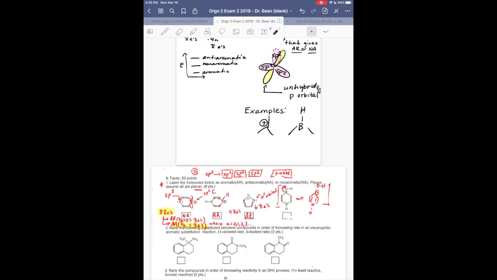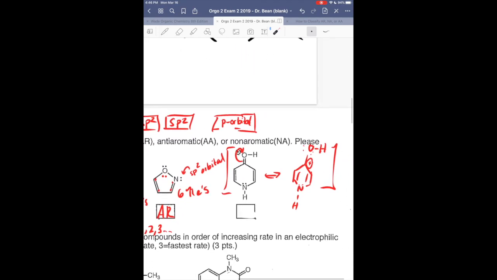So I'm seeing sp2, sp2, sp2, sp2, sp2, and then the nitrogen, this lone pair, remember, it's got to come in because it's in a pi orbital. The H is bonded via an sp2 orbital, and the lone pair is in a pi orbital. So that's going to come in.